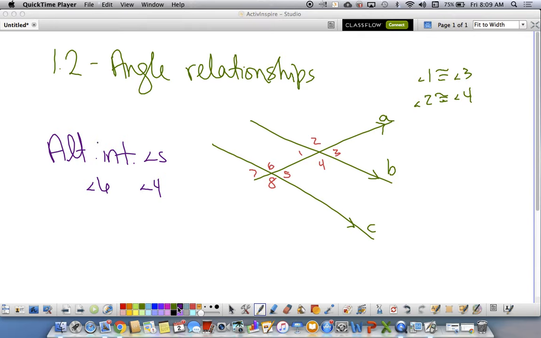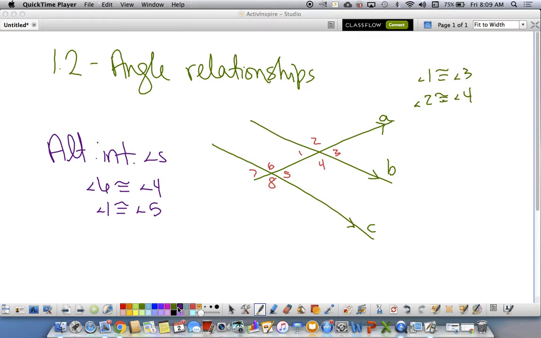How are they related if the lines are parallel? They're congruent. Okay, I'm going to go ahead and put a congruent symbol. The other ones you said, I believe, were angle 1 and angle 5. Those are your alternate interior angles. And they will be congruent if lines B and C are parallel. Okay, all things that we've done.